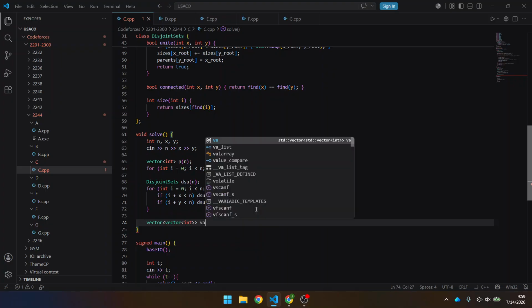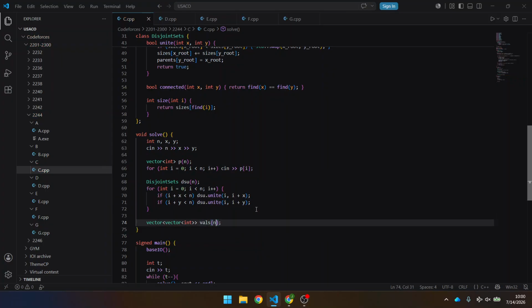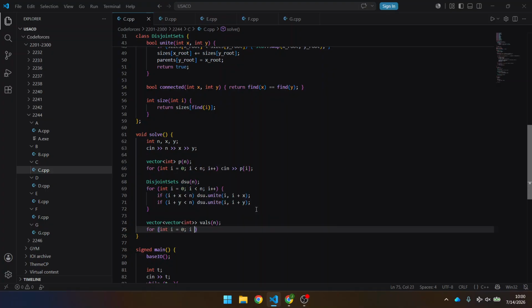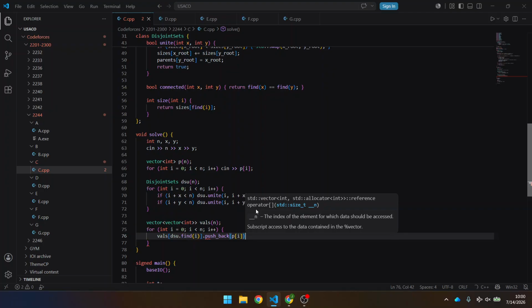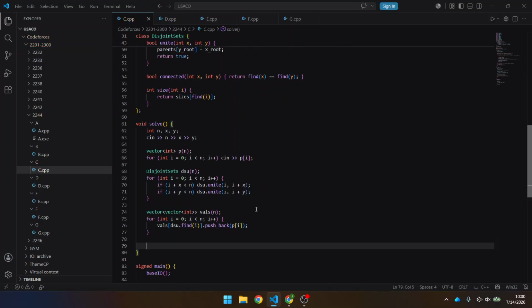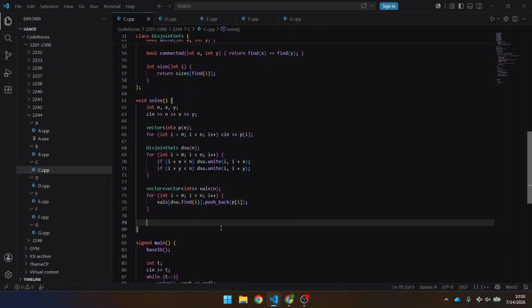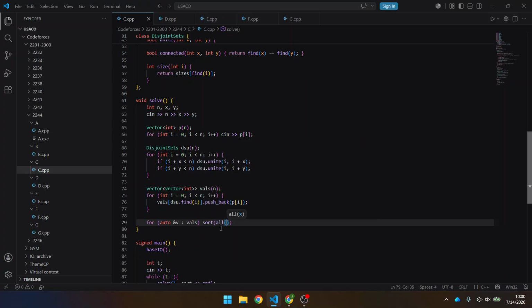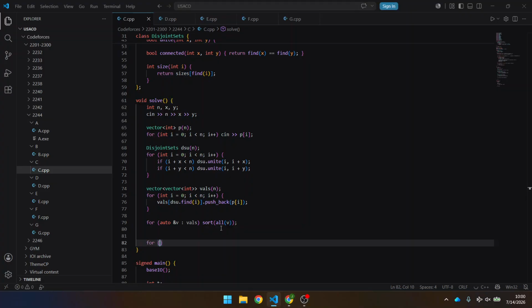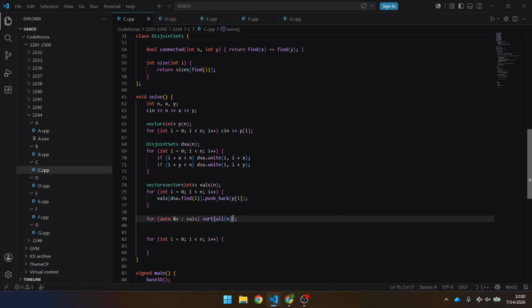Vector int values. Okay. So for i is 0, i smaller than n, i plus plus: vals[dsu dot find i] push back p[i]. Auto and v in vals, sort v. Okay. Now for every position, we can do greater.